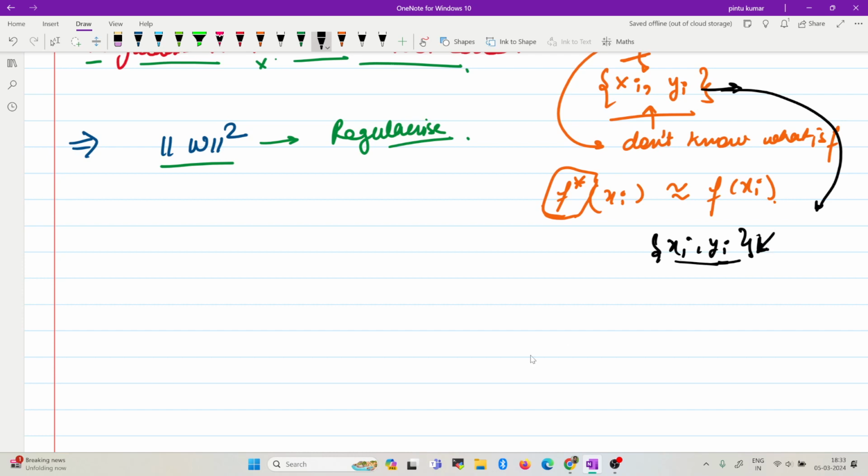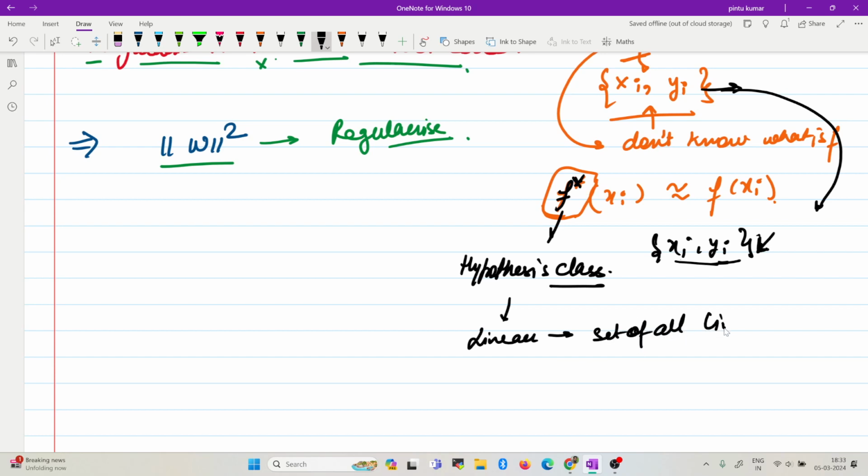So let's say we start searching for our f. There is one thing known as the hypothesis class. What does the hypothesis class represent? It is the set of all functions in which we will search for our f star. For example, if you are looking at a linear classifier, then your hypothesis class is the set of all linear functions.